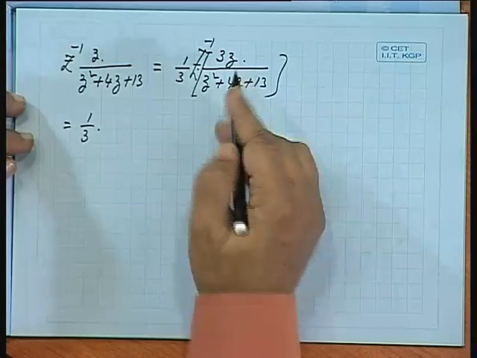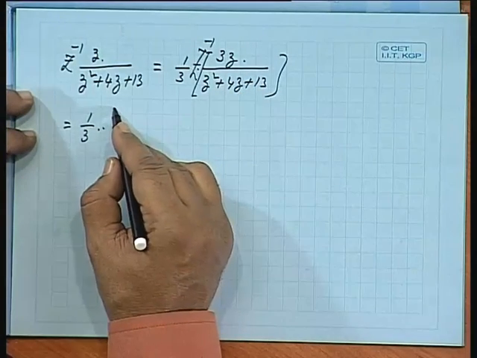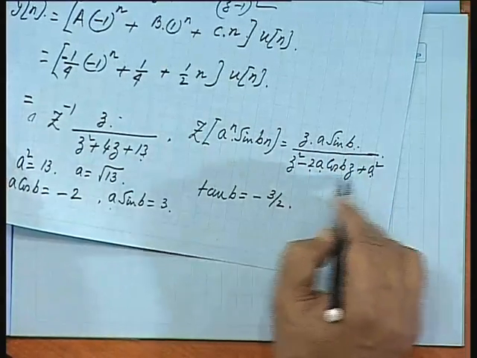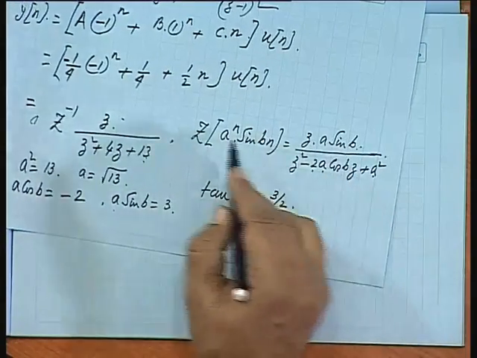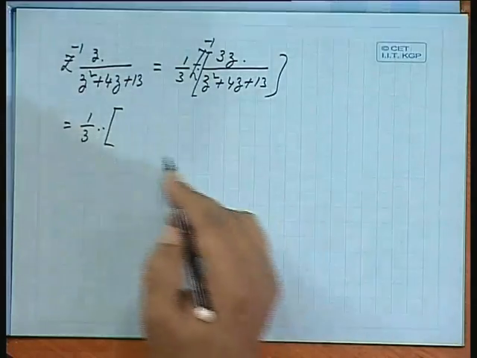So, this is nothing but this term, and the denominator is same. So, what is the corresponding inverse? A to the power n sin bn.